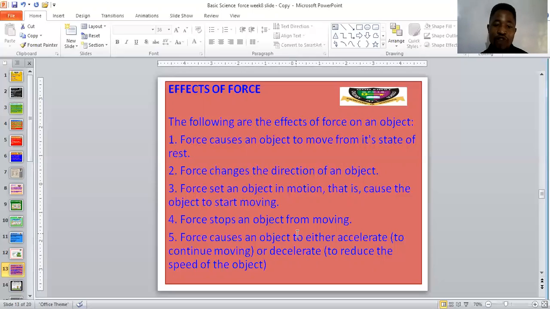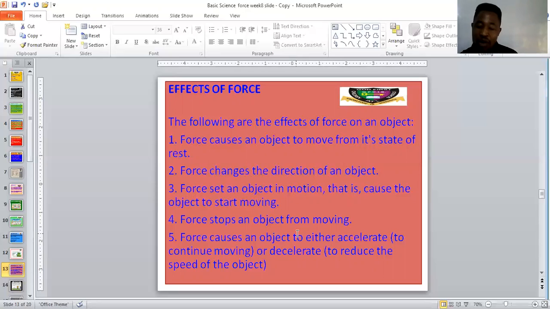Number three, force sets an object in motion. That is, force causes the object to start moving, an object that was formerly staying still. When someone goes there to kick it, the ball or the thing will start moving.